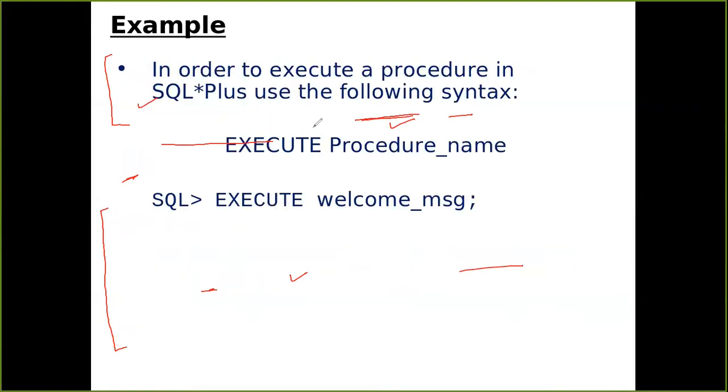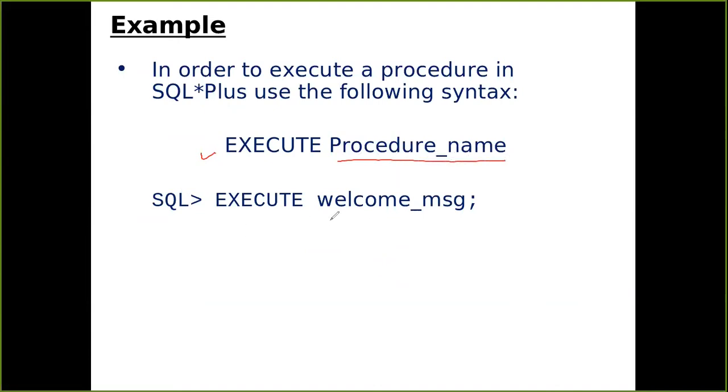In order to execute a procedure in SQL*Plus, you have to use the execute command. The execute command is: execute followed by the procedure name. For example, our procedure name is welcome message. Then I will write in my SQL command prompt, execute welcome message. So this will print the welcome message.